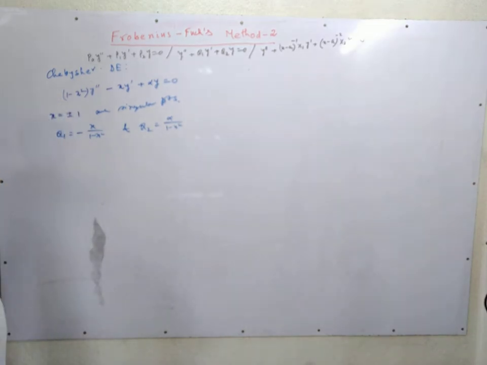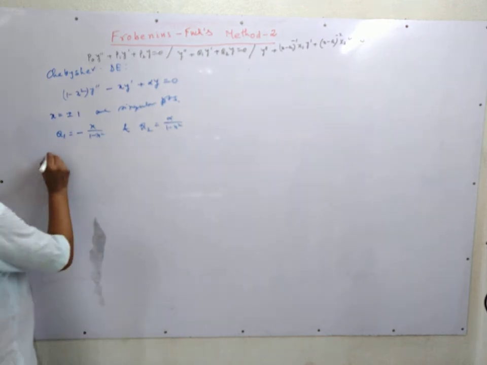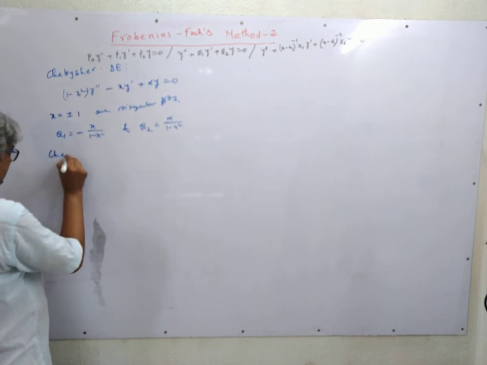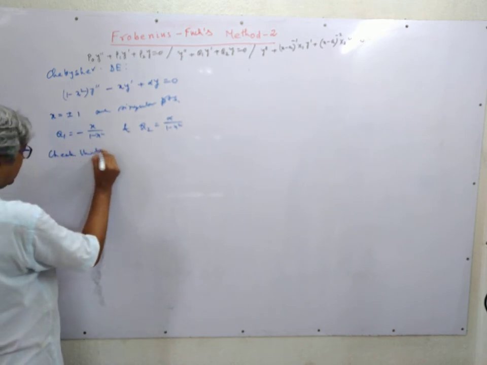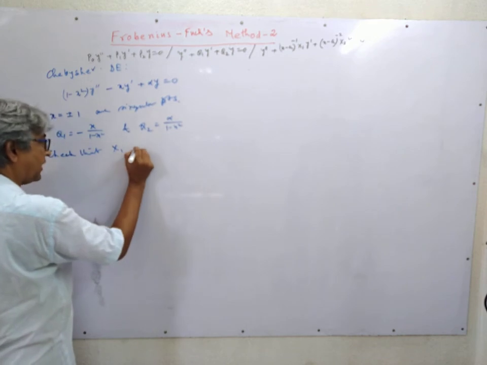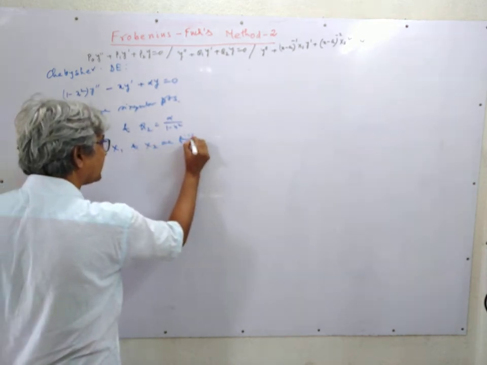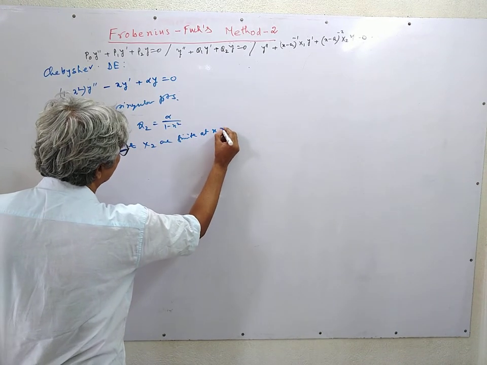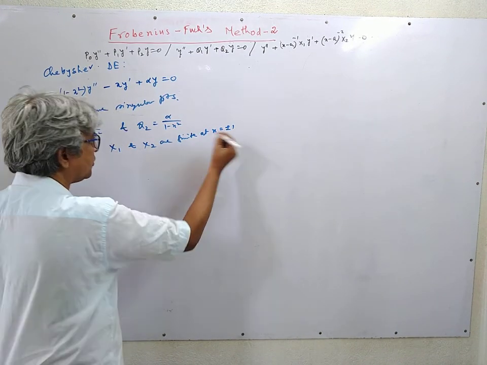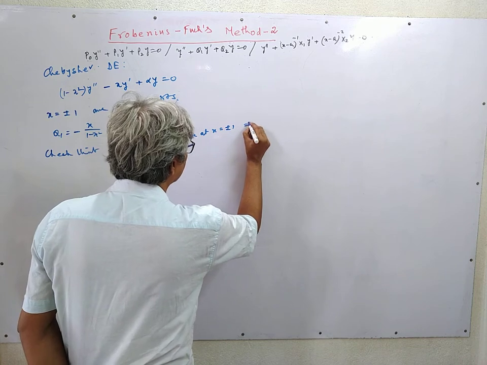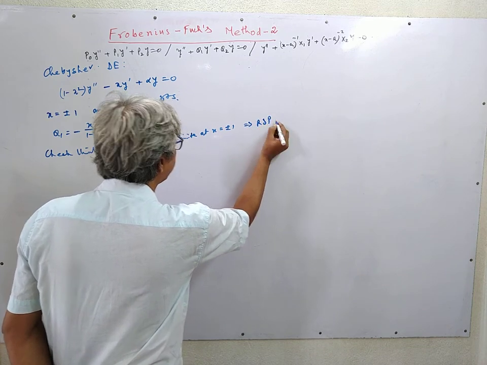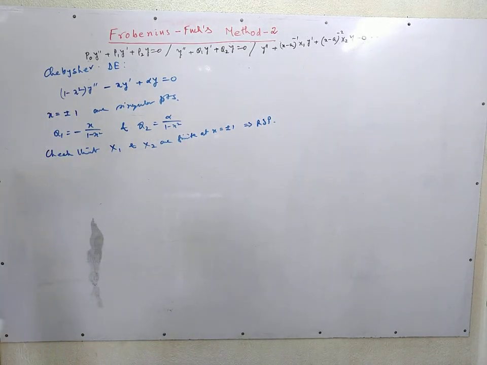And when we go to X1 and X2 functions, we see that X1 and X2 are finite. Check that X1 and X2 are finite at x is equal to plus minus 1. So they are the removable singular points of Chebyshev differential equation.